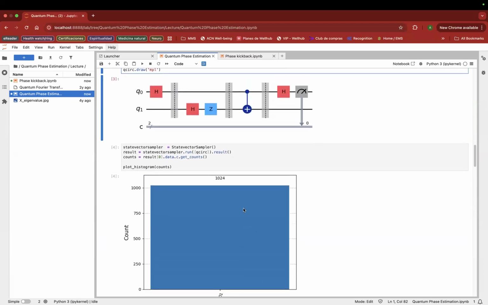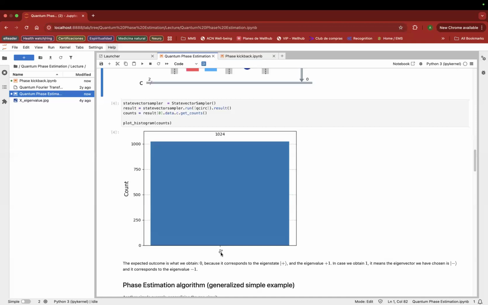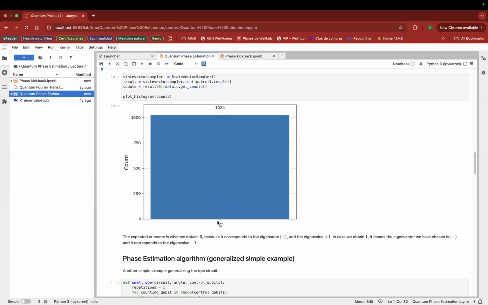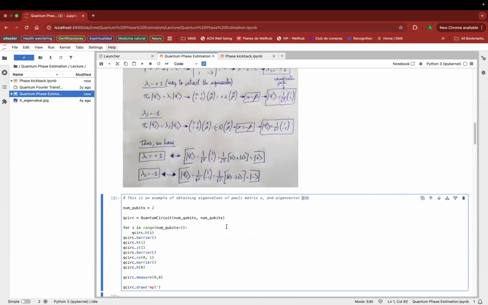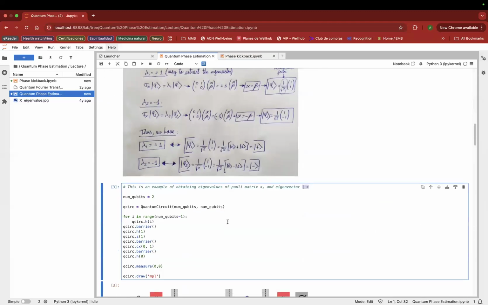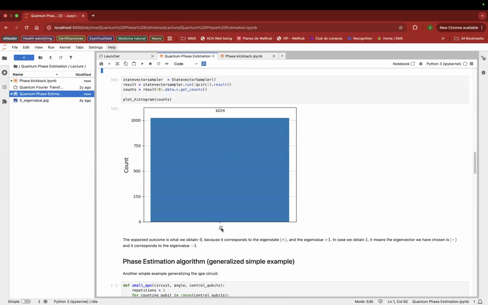Because we need to have 0 and 1. Qubit 0 and qubit 1. Qubit 0 is the control qubit, is the expected one. So, or not, am I correct? I'm so sorry, students. I always mix the order here. No, then this is not correct, I think.